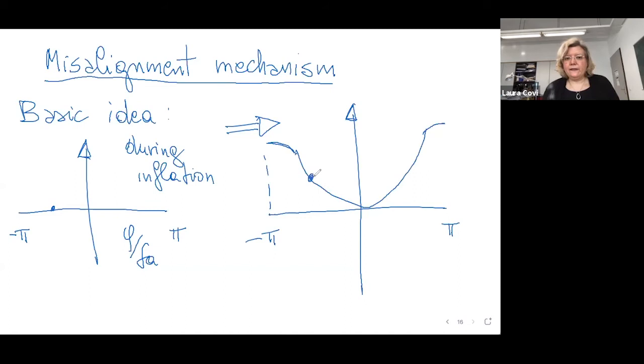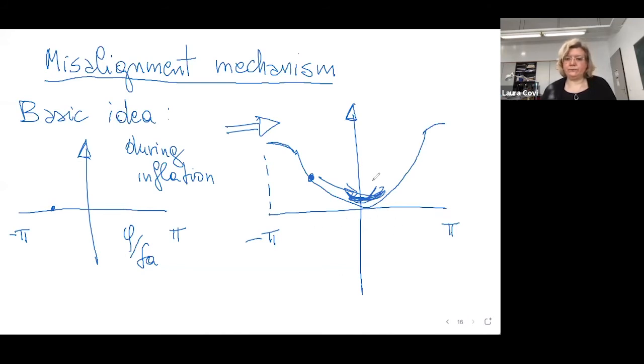If you were here, you would start to go towards the minimum, and the minimum has to be at 0. This is exactly the solution of the strong CP problem. But then the field will continue oscillating around the minimum, and when it oscillates around the minimum, this will behave exactly like a cold dark matter candidate.